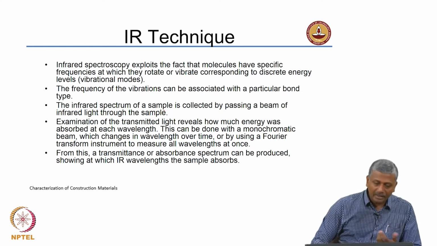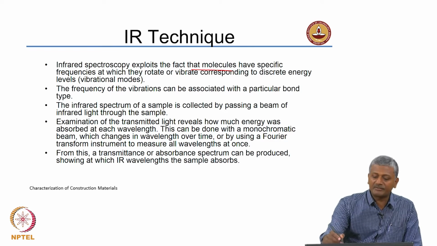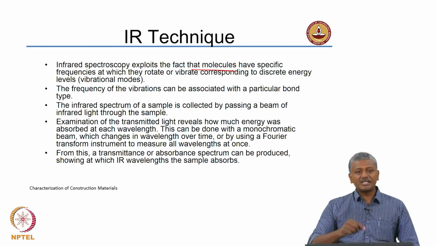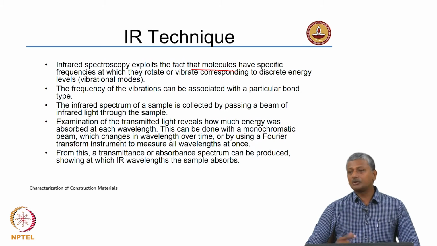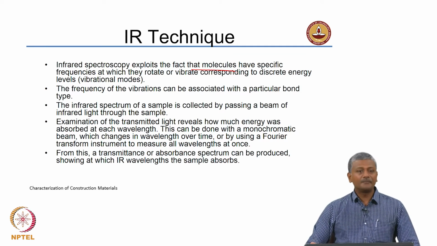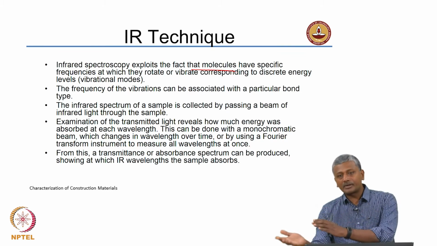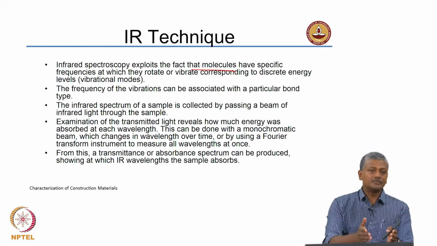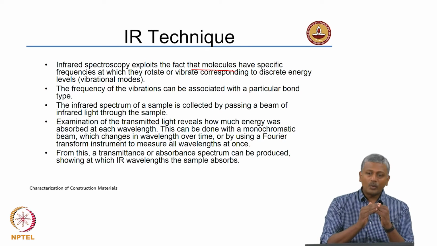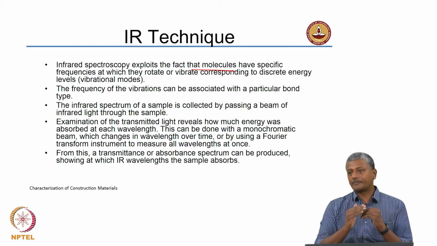So, IR spectroscopy simply exploits the fact that molecules have very specific frequencies at which they can rotate or vibrate, corresponding to discrete energy levels. Once again, any transition that happens either in an electronic system or a molecular system happens at very discrete energy levels.